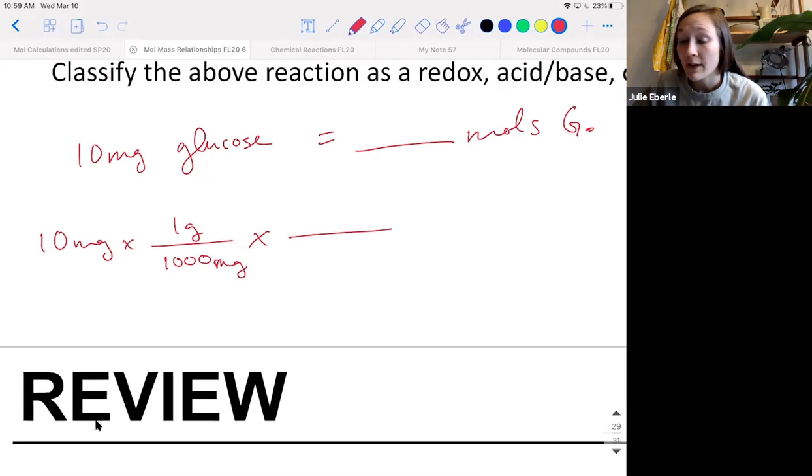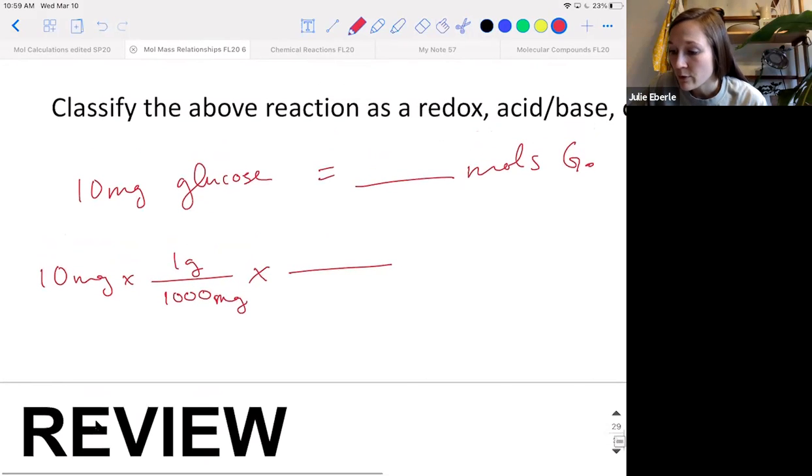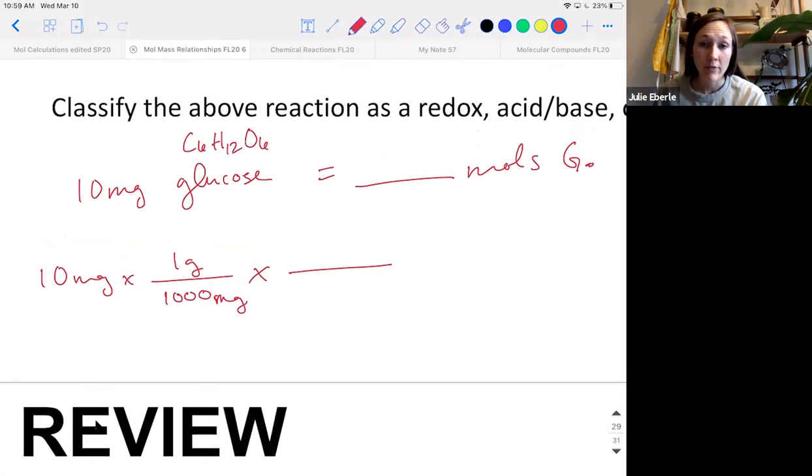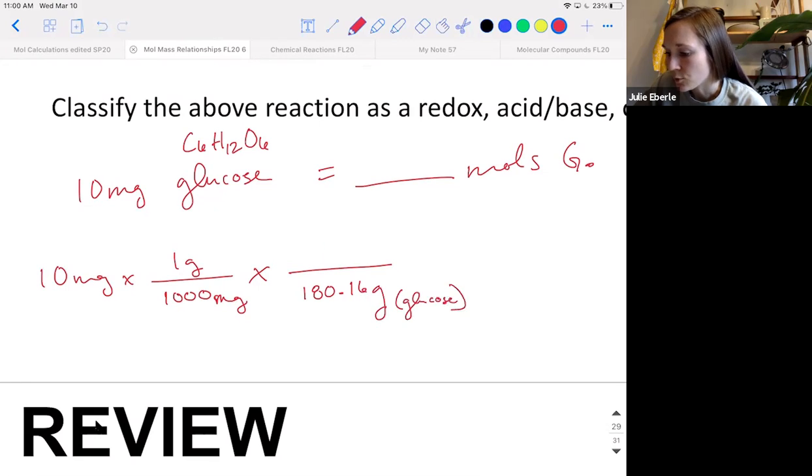Anytime you're converting from grams to moles, you have to use molar mass. So when you calculate the molar mass of glucose, I gave you the formula, C6H12O6. When you add all of that up and look at the periodic table, you should have got something like 180.16 grams of glucose for 1 mole. 1 mole of glucose weighs roughly 180 grams. So you do 10 divided by 1,000 divided by the 180.